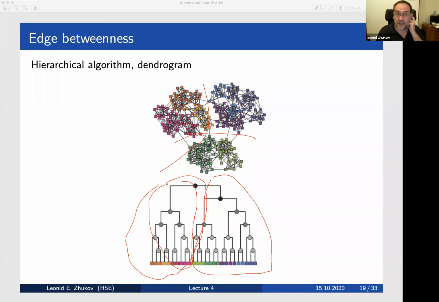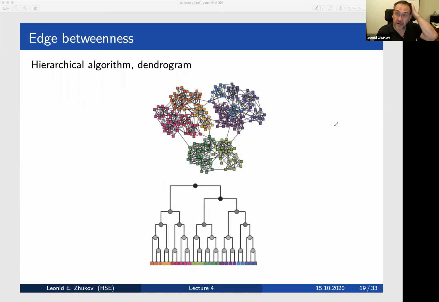And then you can split this blue and green into two parts. Here's a split. And then you keep going. So that's hierarchical partitioning, because you go hierarchically down, and it is edge betweenness because it's based on the betweenness values of the edges.